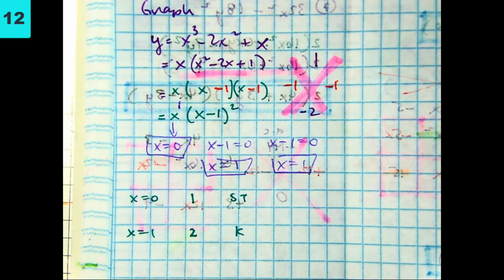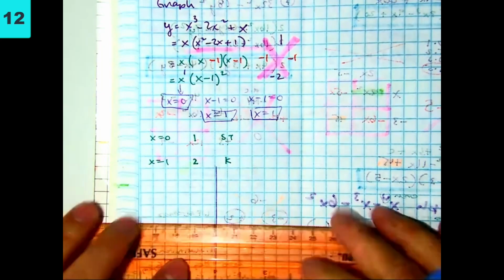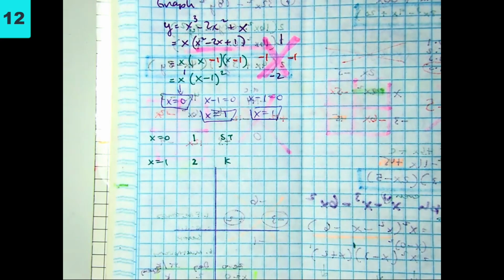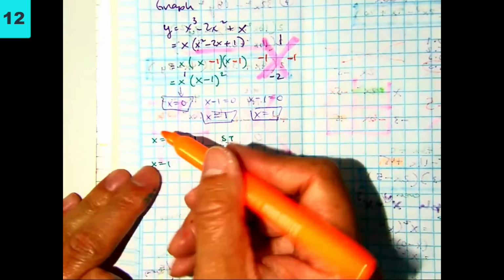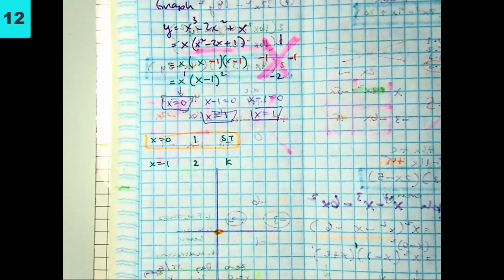Let's go ahead and graph this. Zero. X equals 1 here. It's going to be very close.